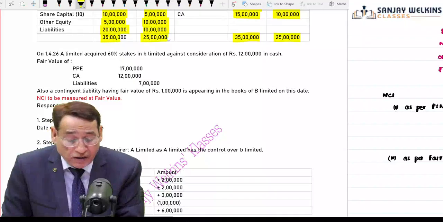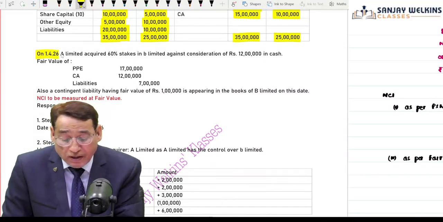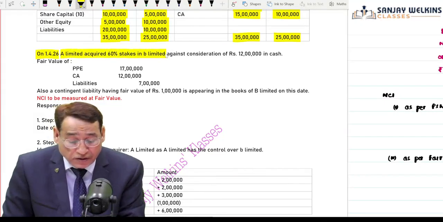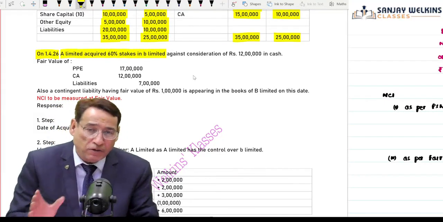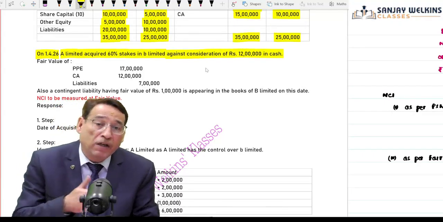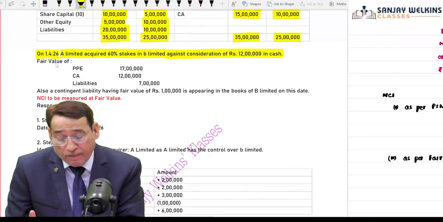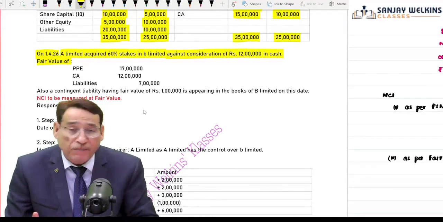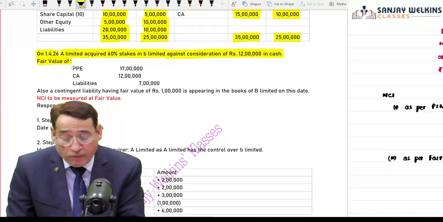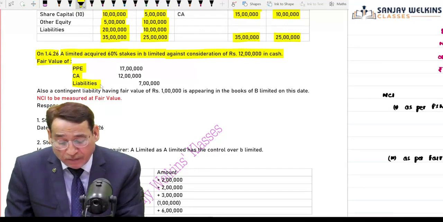But in this question, you are being given that on 1/4/2026 A Limited acquired 60% stake in B Limited. This is similar to the last one. We paid a consideration of 12 lakh by way of cash. And this time the change is here. This time you are being given the fair value of property, plant and equipment, current asset and liabilities.